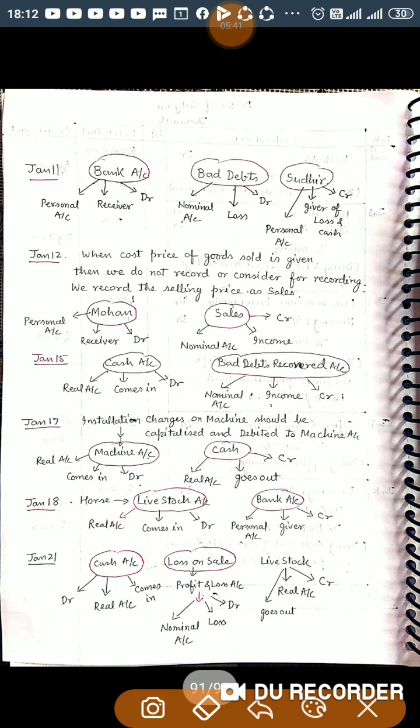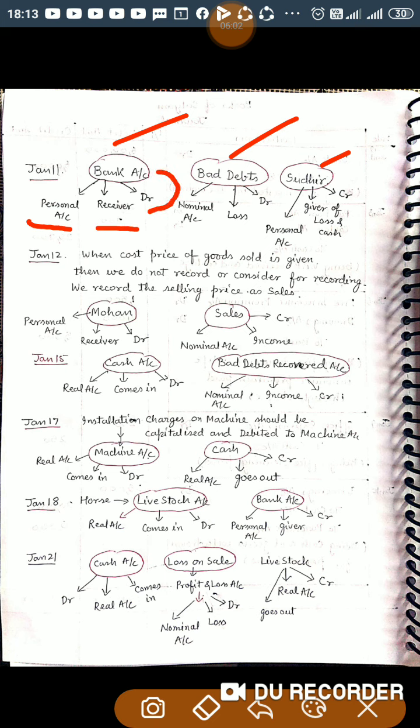So three accounts are involved: bank account, bad debts, and Sudhir. Bank, because he is making payment through check. Right now I'm using the conventional rule. Bank under the conventional rule is a personal account. We are receiving a check, so the actual receiver is the bank.